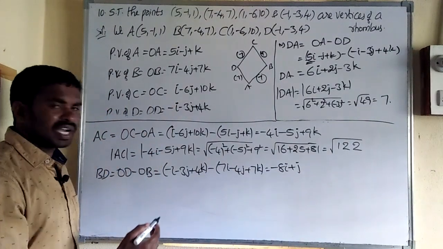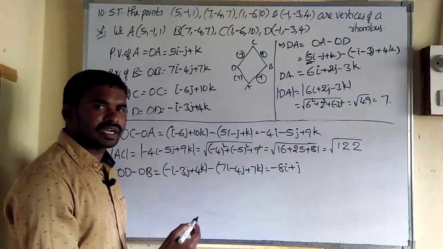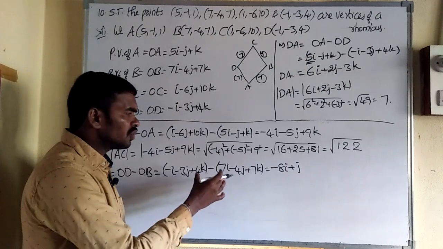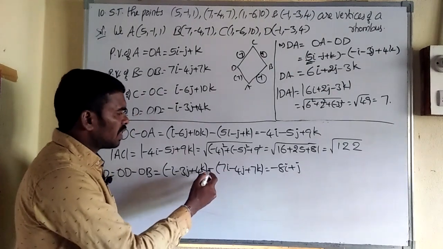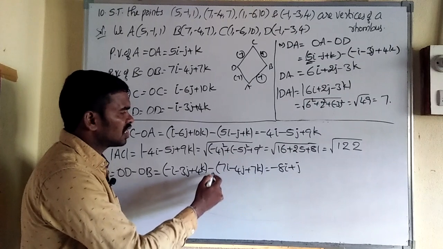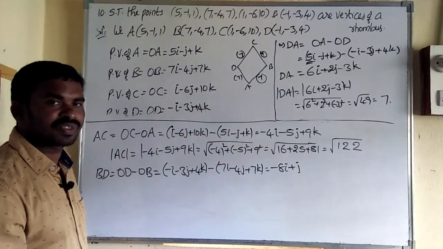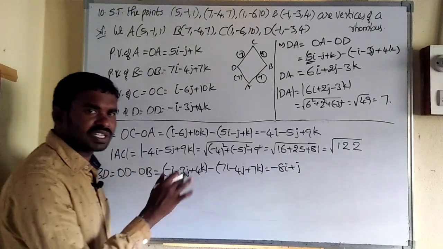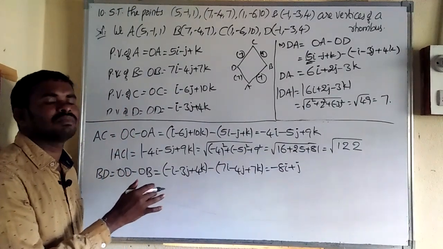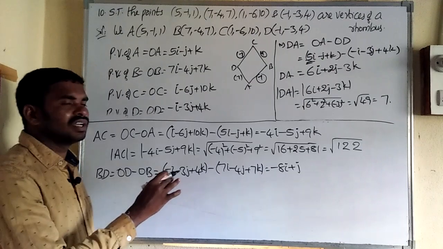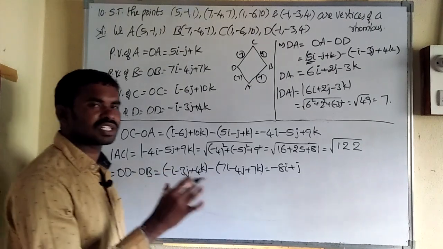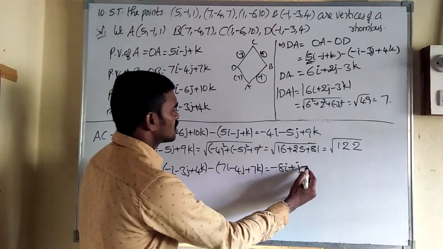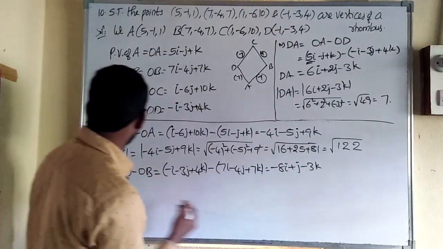If you feel it is difficult, or if you feel it is a direct step, write one more step: minus 7i, minus into minus plus 4j, minus into plus minus 7k. Here I am writing one more direct step because in the previous problems we simplified step by step, so I think you understand this step also. 4k minus 7k becomes minus 3k. So whatever this is, BD.